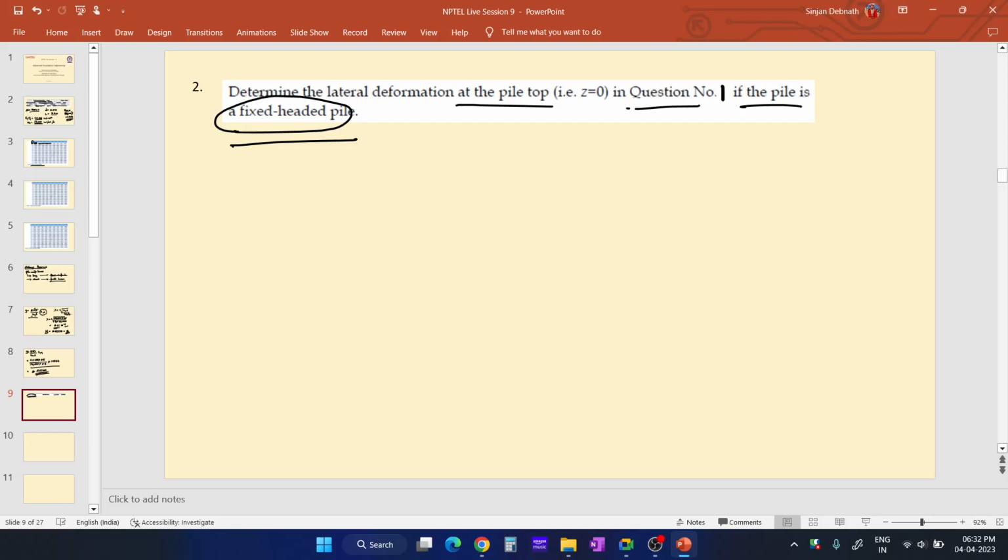Suppose after applying the fixity on top of the pile using a pile cap, you try to apply a horizontal load on top of the pile cap. It will try to deform laterally. But the pile cap, which is trying to restrict the movement, will also give a counteracting moment to counteract the lateral deformation of the pile top.